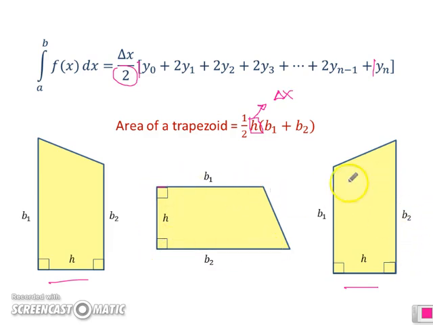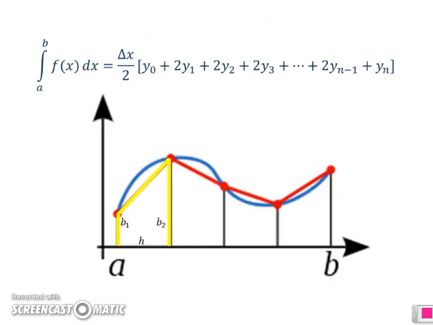So in our situation, we have to rotate them up. And the height is always the distance on the x-axis. So that's the distance between the rectangles. So the height is the delta x, and the area of a trapezoid has the 1/2 in it. So that's where this half comes from, this divide by 2 piece. Okay, let me show you why this pattern exists. So the first trapezoid, we have our height here, base 1, base 2.